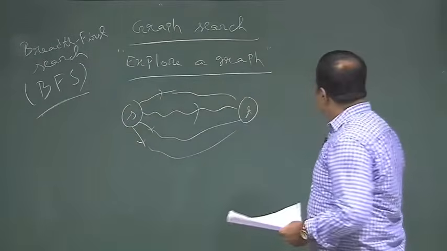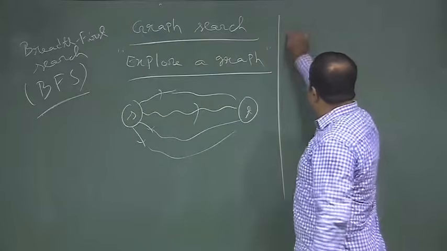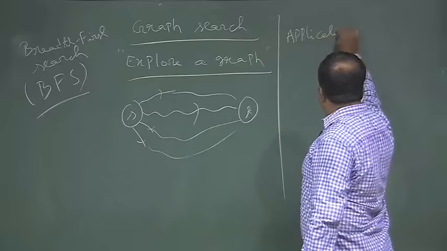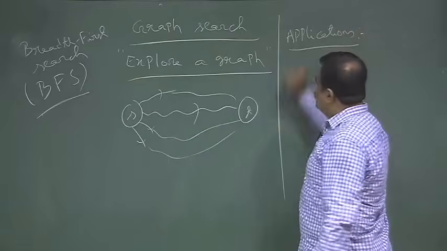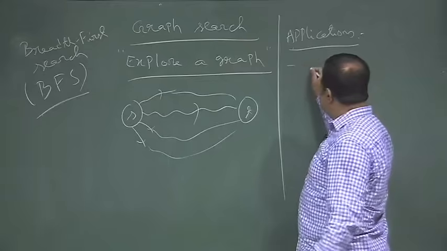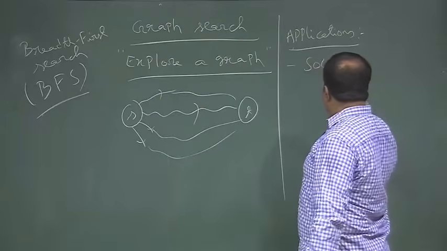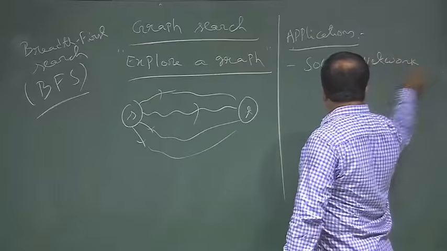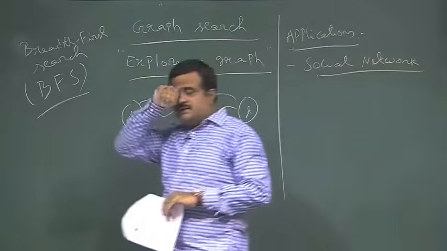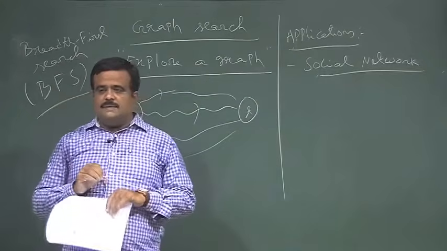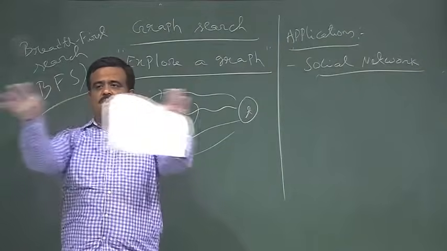There are many applications of exploring a graph, so let us jot down some of them. One application may be a social network like Facebook. On Facebook we can consider a user as a node, and suppose I want to find all my friends.